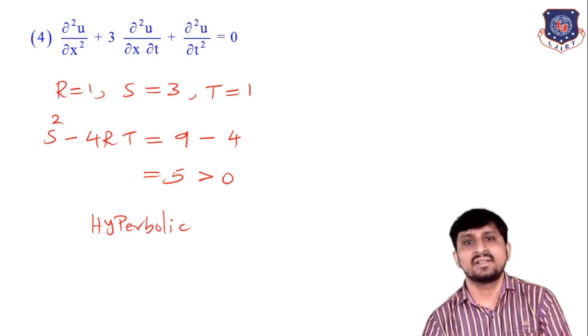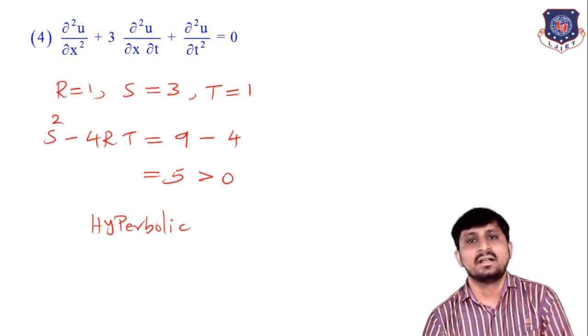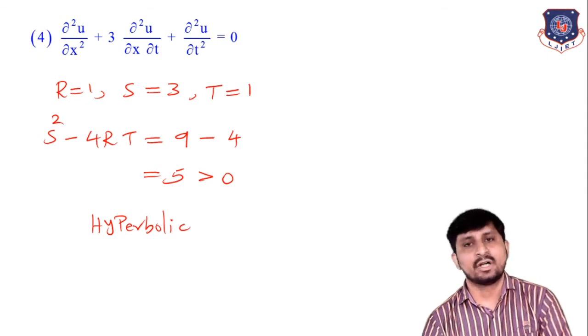And one more important thing that I want to tell you: to find the particular integral you have to follow the same rule, case 1 to case 5. Suppose your differential equation is homogeneous or non-homogeneous, in both cases the methods to find the particular integral are the same. That means you have to follow case 1 to case 5, either your partial differential equation is homogeneous or not homogeneous.